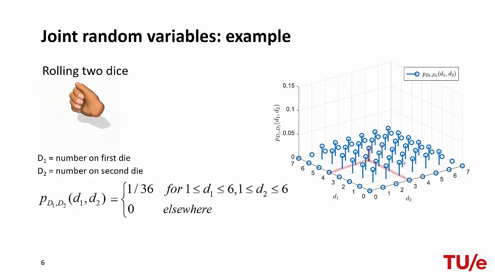When we plot the joint PMF as we see on the right, we can observe that if, for example, we look at the outcome d1 equals 4 and d2 equals 3, we obtain a probability of 1 over 36. Note that this is a legitimate PMF because if we sum all the values over the range, we obtain a 1.